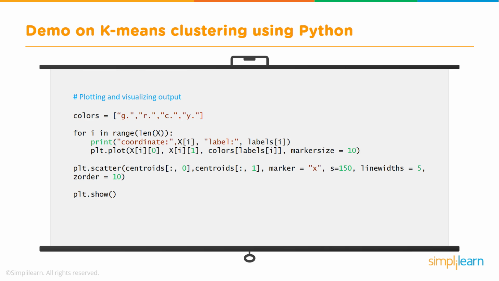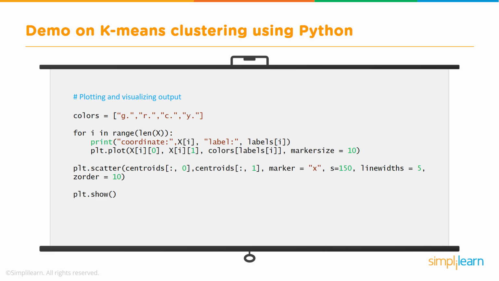Remember we go 0, 1, not 1, 2 in our arrays. And then we set the marker equal to x, because instead of being a point or a dot, we want the centroids to show up. We want them to look different. And we made them larger, so we put s equals 150. And the reason we use s equals 150 instead of marker size is because that's a font size setup.